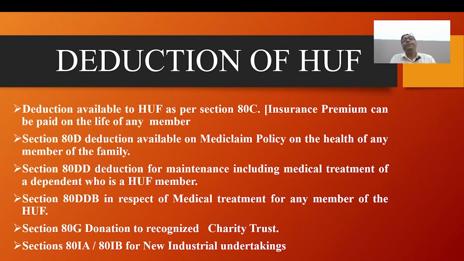The concept of a Hindu undivided family as a separate entity for tax purposes was first recognized in 1970, and over the years many families have enjoyed the tax benefits because of this. You can avail different tax benefits under the Hindu undivided family.